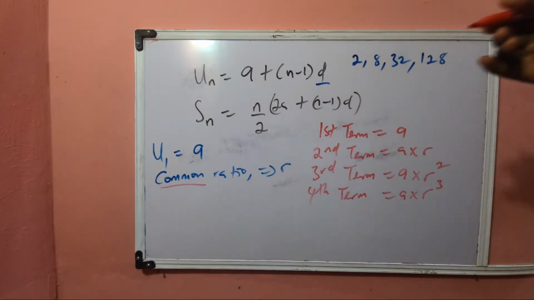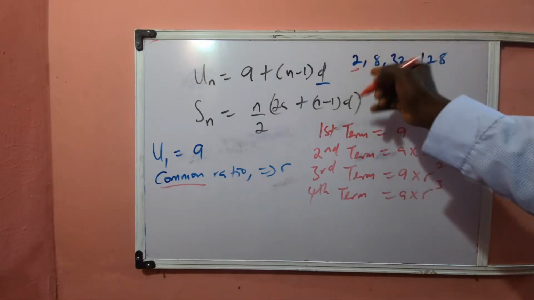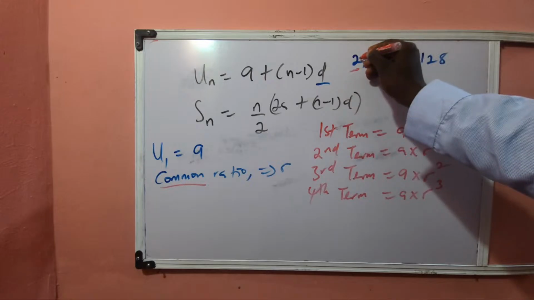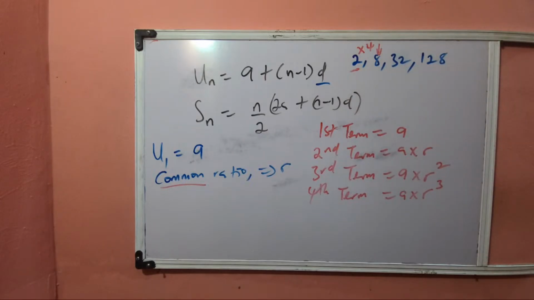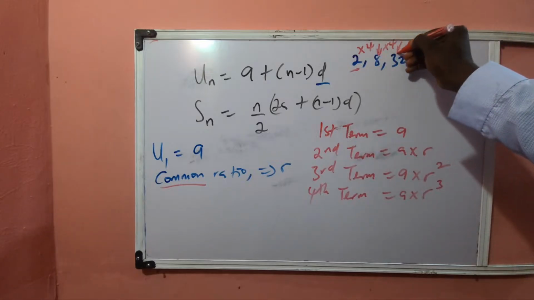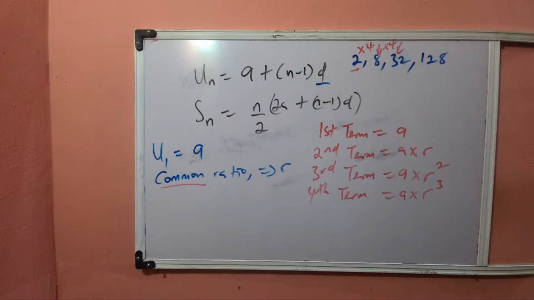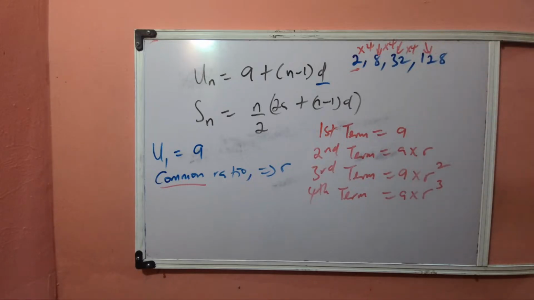So in this case, now you can see that what we have here was 2. Now, if we multiply 2 by 4, we got 8. If we multiply 8 by 4, we got 32. If we multiply 32 by 4, we got 128.